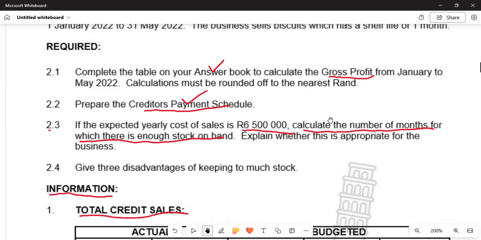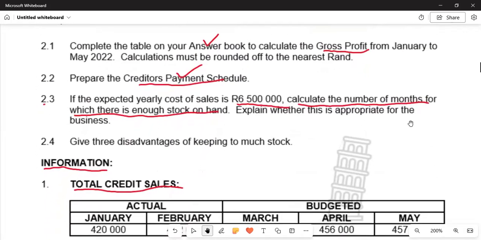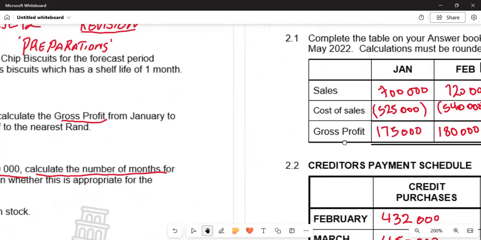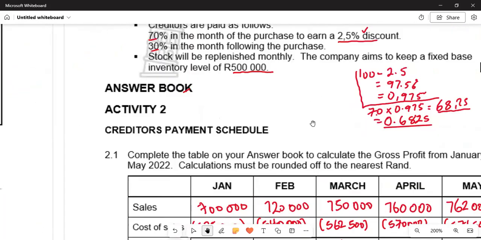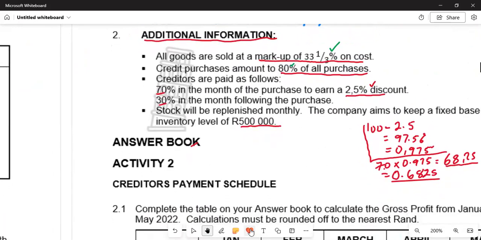So meaning we are going to do what we call stock holding period. That's what we are mainly going to look at. For us to do that, we have to remember that we were told that the stock will be replenished monthly. So the company aims to keep a fixed base inventory level of 500,000.